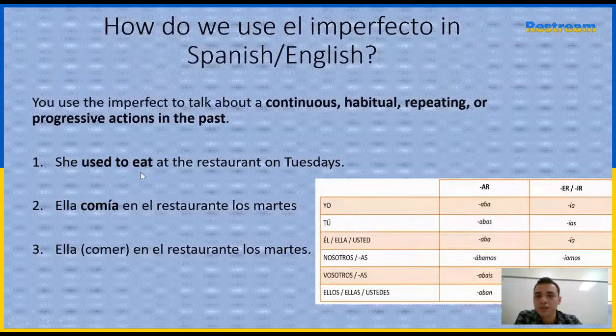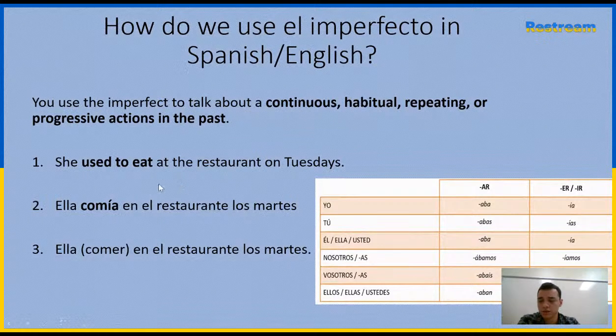She used to eat at the restaurant on Tuesdays. So the words used to are telling you that this happened in the past. And if you keep reading the sentence, the word Tuesdays also suggests that she would do that every week. So it was a continuous action.